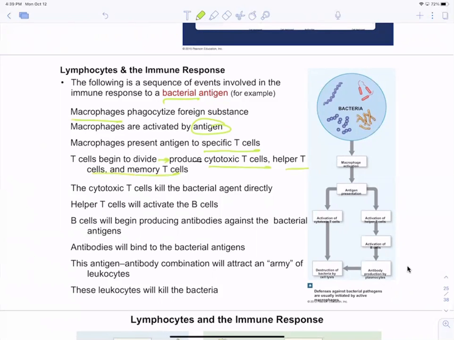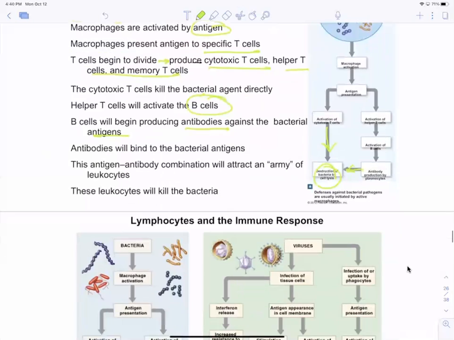Now, the cytotoxic cells are trying to kill the bacteria directly. The helper T cells then activate the B cells, and then the B cells will begin producing antibodies against the bacterial antigen on the cell membrane, so it will start attacking the bacterial cell membrane. And so you kind of mount two responses, right? Direct and then an indirect response to the bacteria.